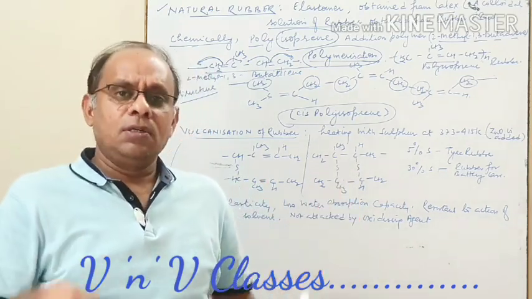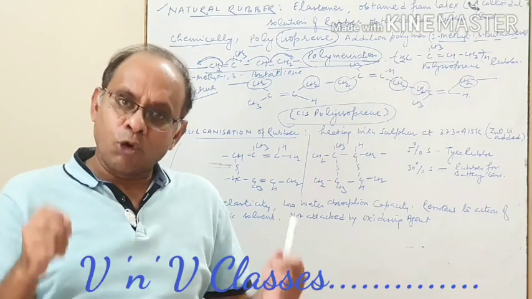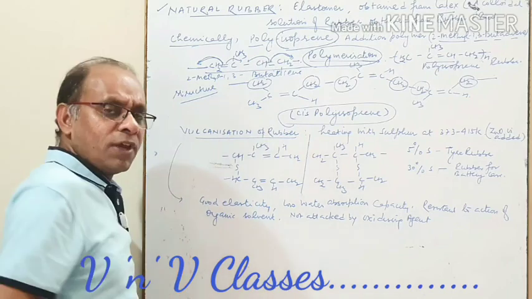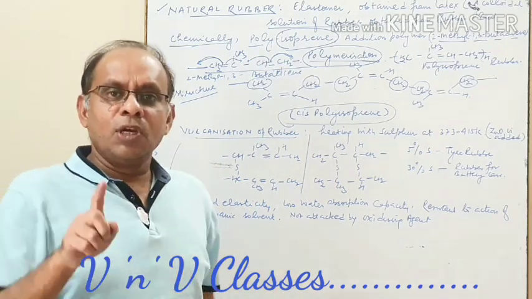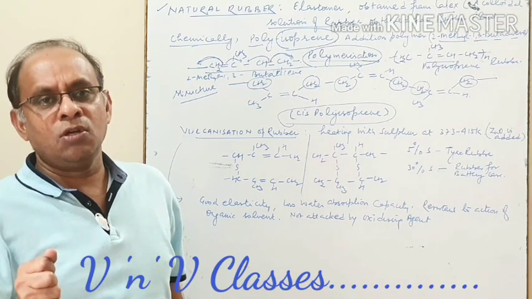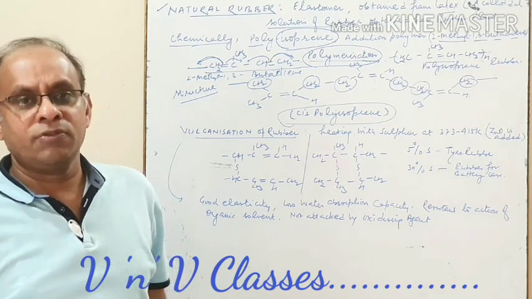Two reasons: one, because of its cis configuration, and second, because there are no polar bonds, so there are no strong intermolecular forces, they are having only van der Waals forces.